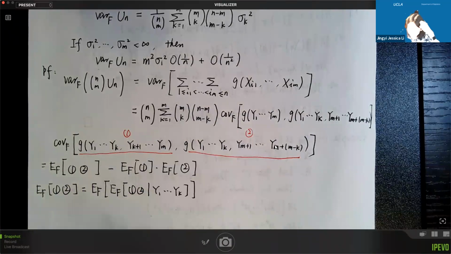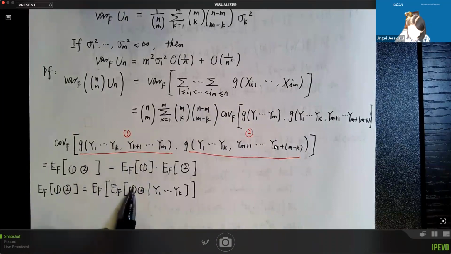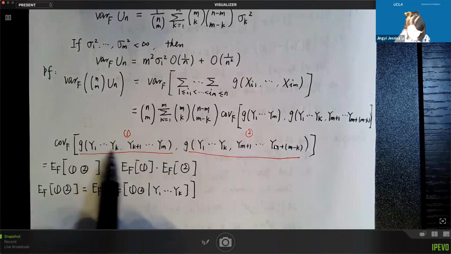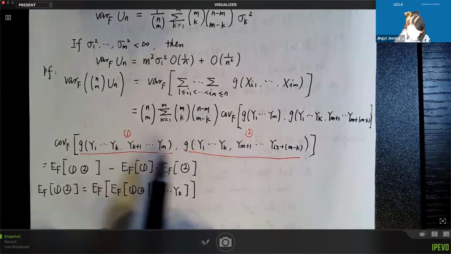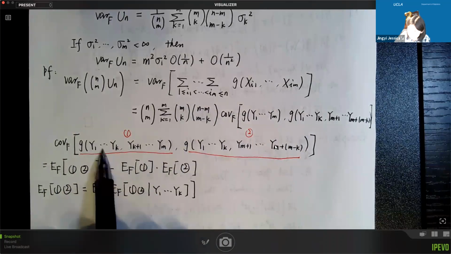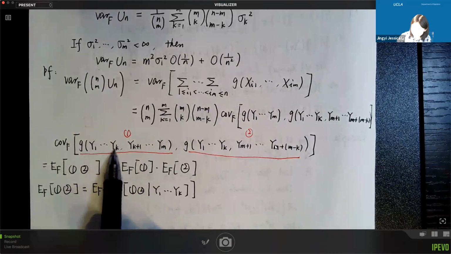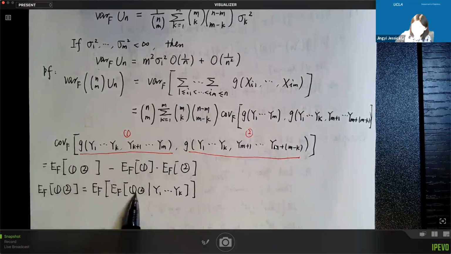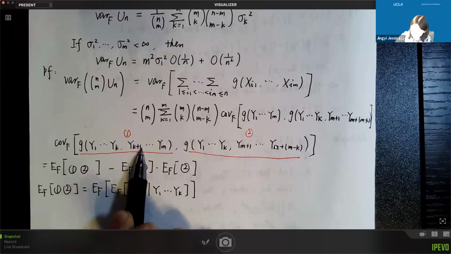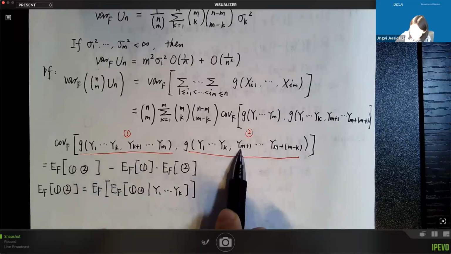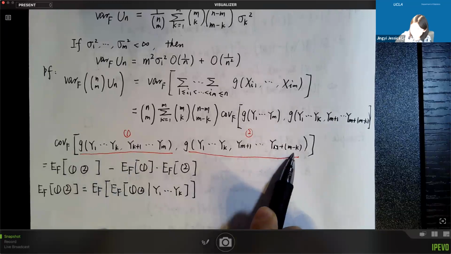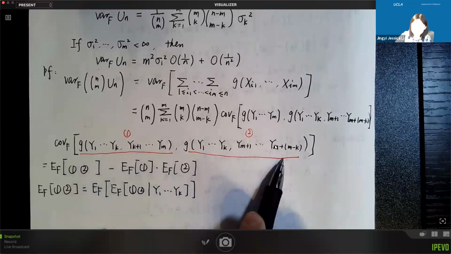When I'm conditioning on y1 to yk, they actually become independent, because in the inner expectation I'm taking expectation just for yk plus 1 to ym and ym plus 1 to ym plus n minus k, and these are independent.